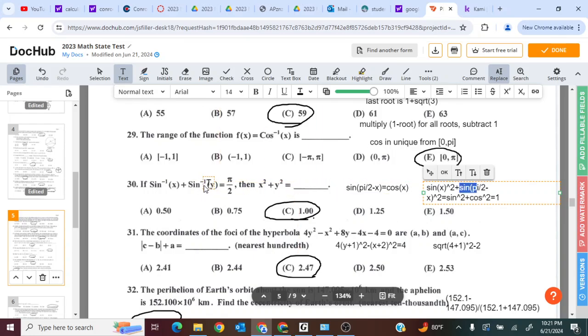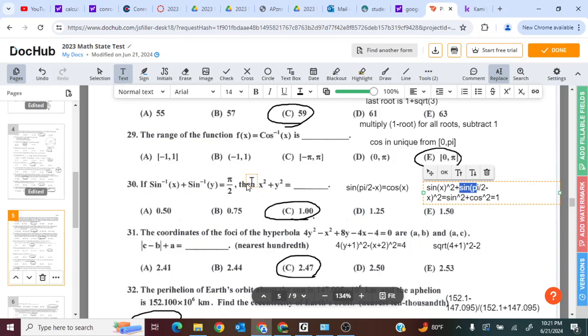If you imagine these as angles, and bring this pi over 2 over, do sine inverse of your side to get your angles, like x or theta. Move the sine of this angle over here.